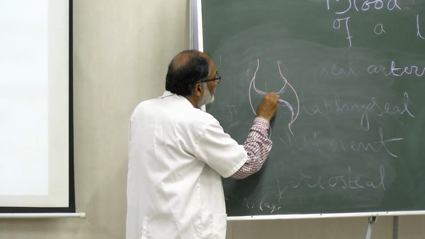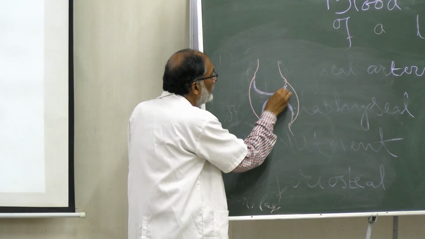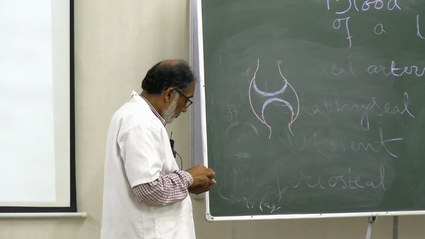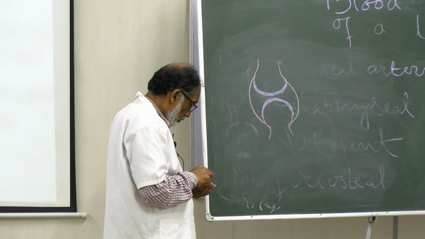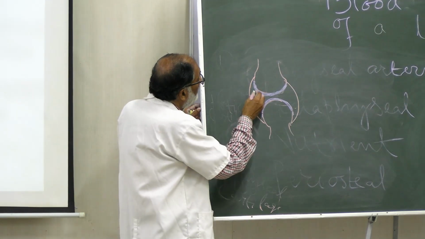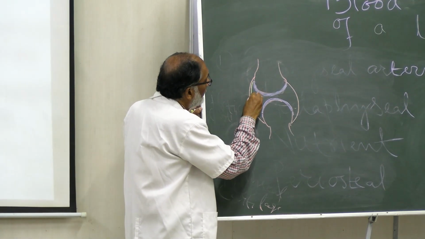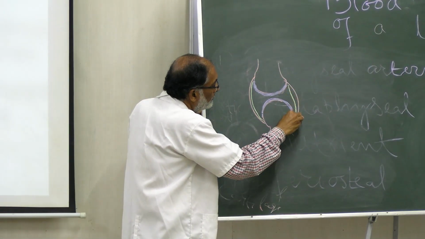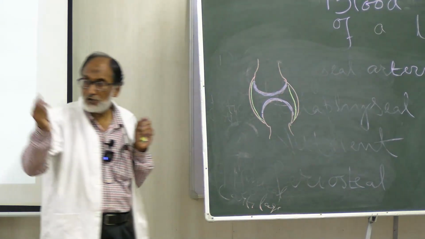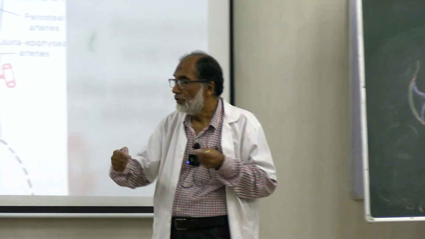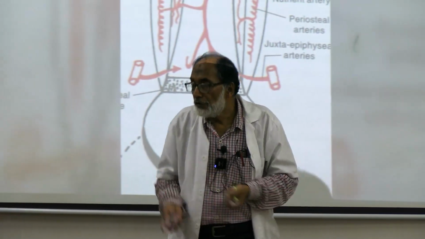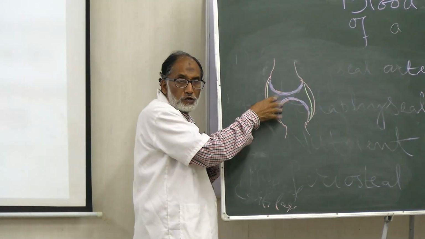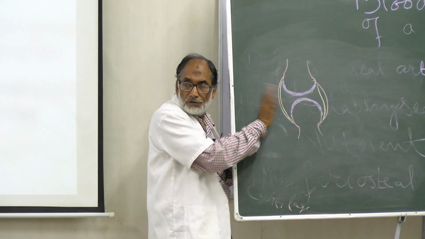Here is articular cartilage. Now I am drawing synovial membrane in another color. This synovial membrane secretes one fluid that is called synovial fluid that lubricates the joint. That synovial fluid gives nutrition to the articular cartilage, right?